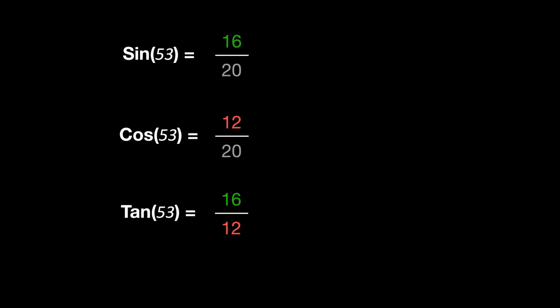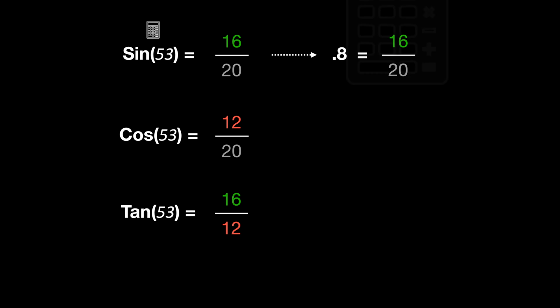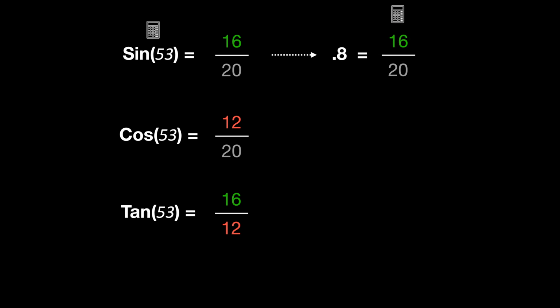First, let's do sine. Put in your calculator the sine of 53 degrees, and that gives you 0.8, and that equals 16 over 20. If you plug 16 over 20 in your calculator, that's also going to give you 0.8. So you see how both are equal. Same thing with cosine. The cosine of 53 degrees, when you plug that into a calculator, is 0.6, which equals 12 over 20.